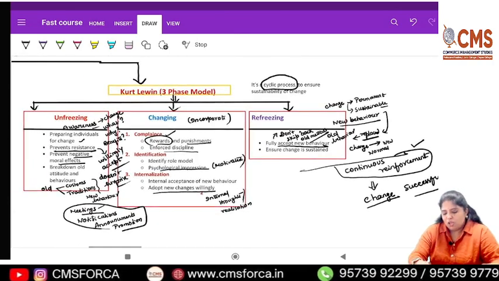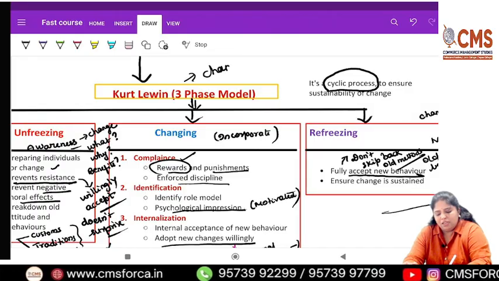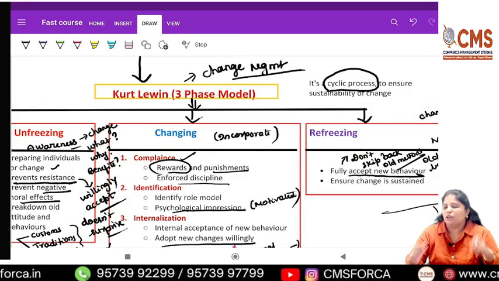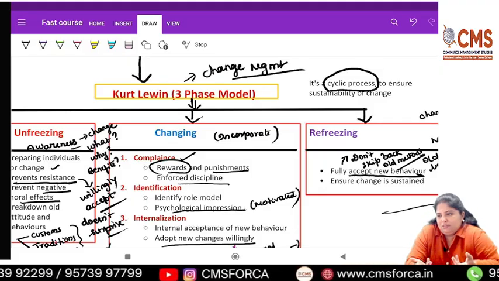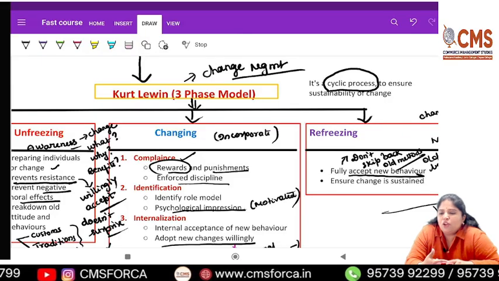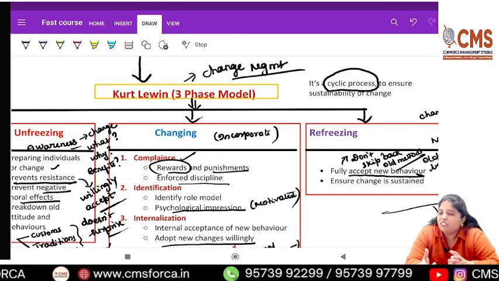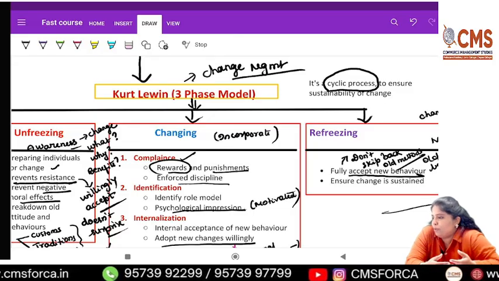So this is Kurt Lewin's three-phase model, which helps in change management. Let's quickly look back on this important concept. This model comes with three steps. One is unfreezing. You make your employees willingly accept the change and try to reduce the resistance that comes from employees.